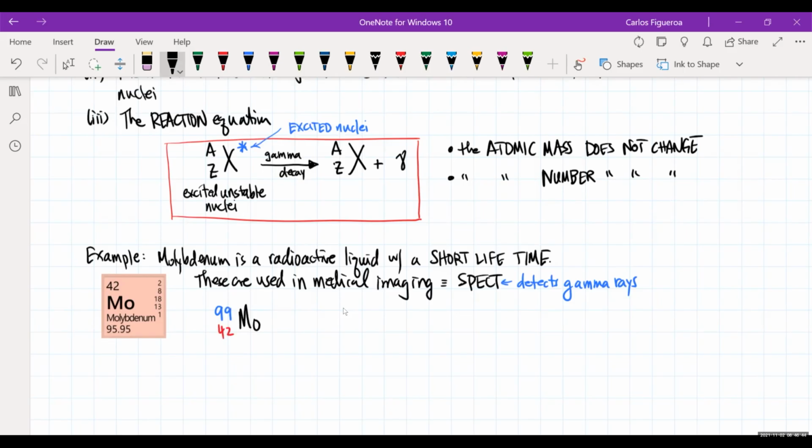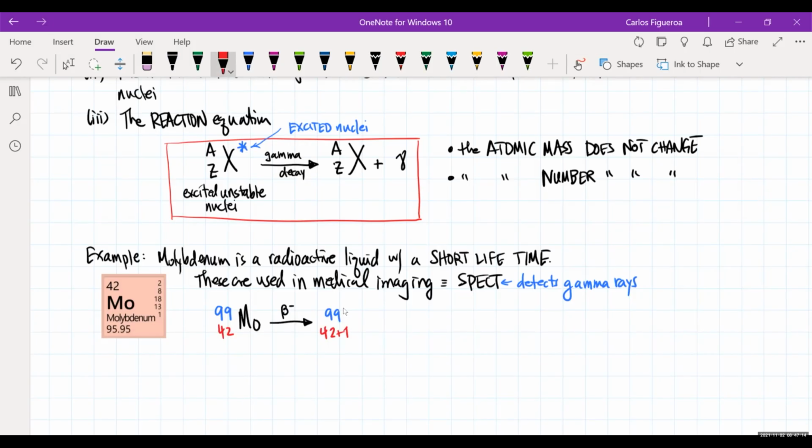So now this goes beta decay. What does beta decay do? Remember, beta decay changes the atomic number by 1. It's still 99, but it converts 1 neutron into a proton.